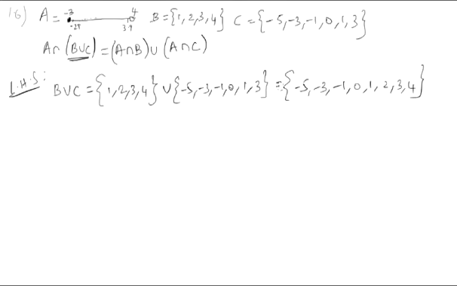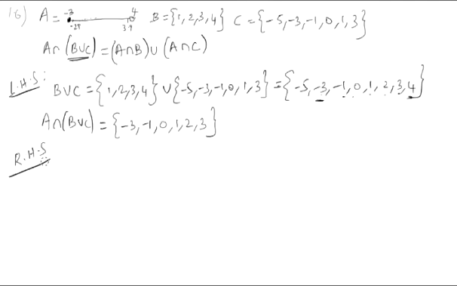Right, then A intersection (B union C) is what? A has all values from -3 including -3 until 4 not including 4. So all these values will form the intersection set. So A intersection (B union C) will be -3, -1, 0, 1, 2 and 3. So this is your left hand side.